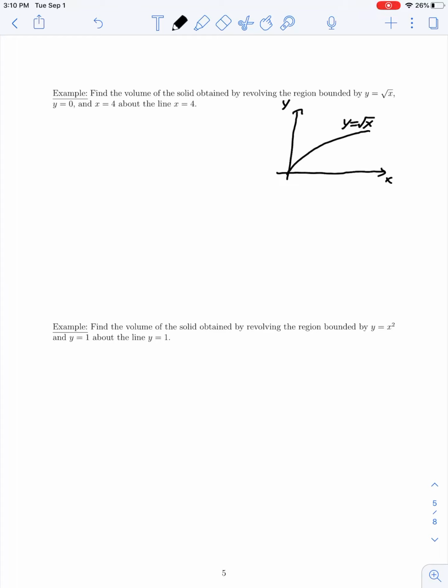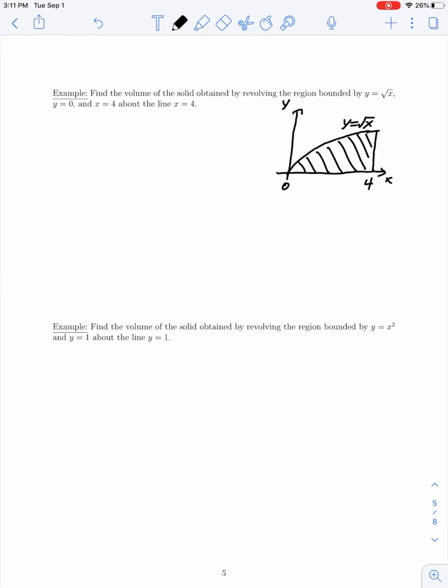The x-axis, so those curves intersect at x equals 0, and the line x equals 4, which would be the vertical line passing through 4. So we're looking at this shaded region.